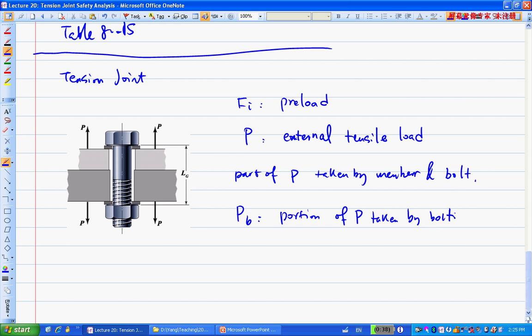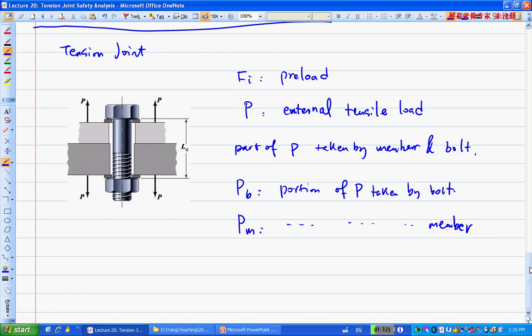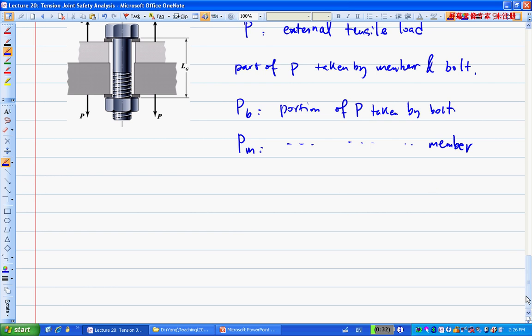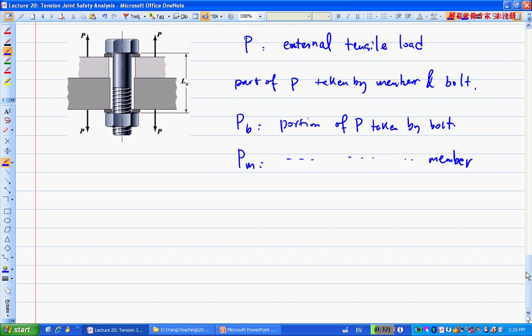And let's define PM as the portion of the P taken by the member. Imagine what happens next: if PB is taken by the bolt, then PM is taken by the member.